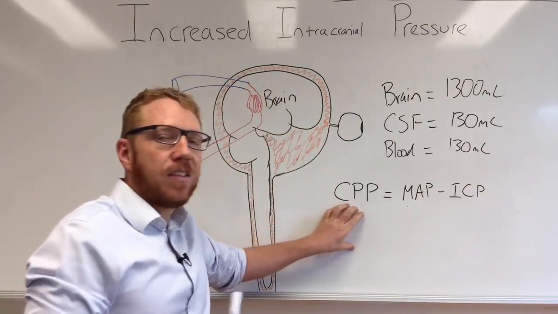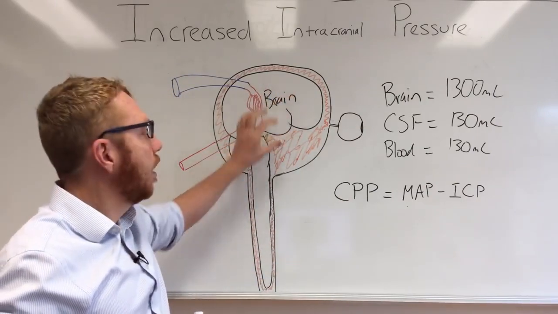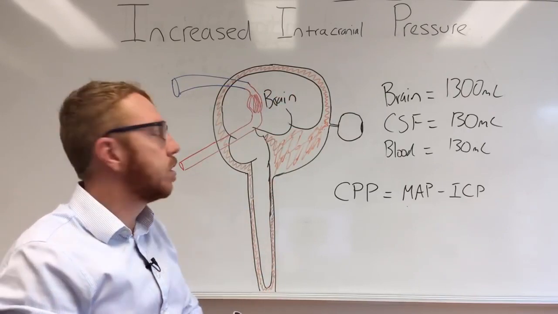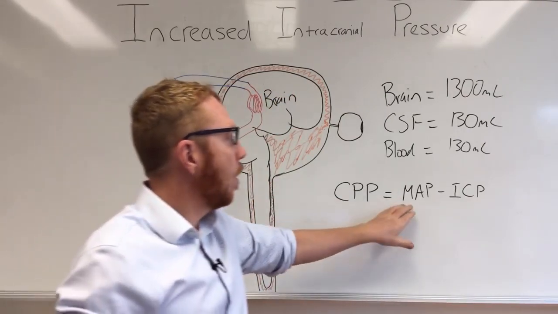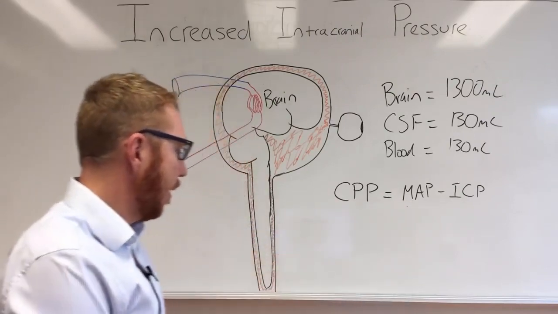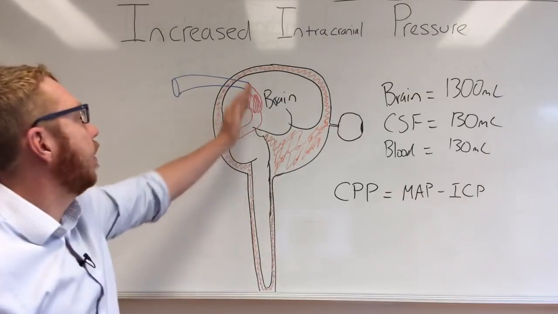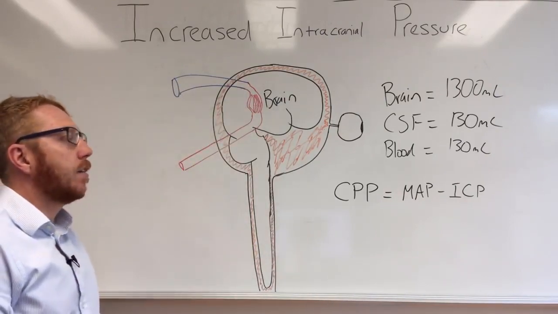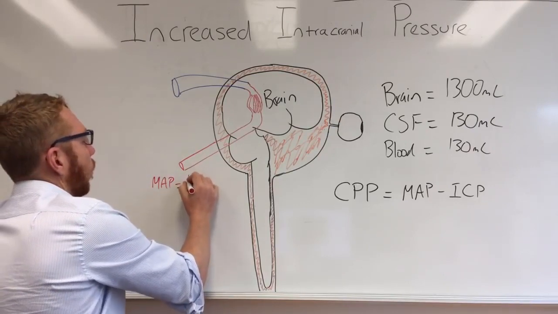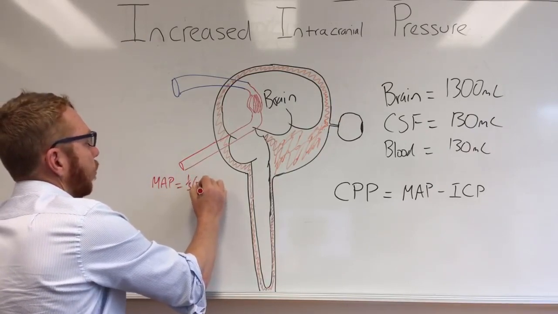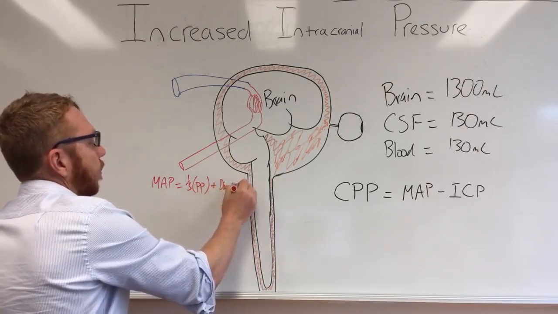Now the CPP has to be in a certain range to give your neurons and your cells in your brain enough oxygen and nutrients to survive. So this has to be maintained at a certain rate. When we look at MAP, this is the mean arterial pressure that's coming into the brain. And we know that the mean arterial pressure equals 1/3 of the pulse pressure plus the diastolic pressure.